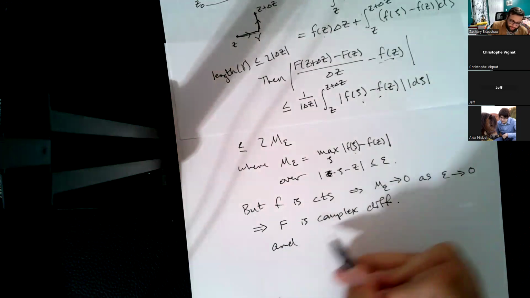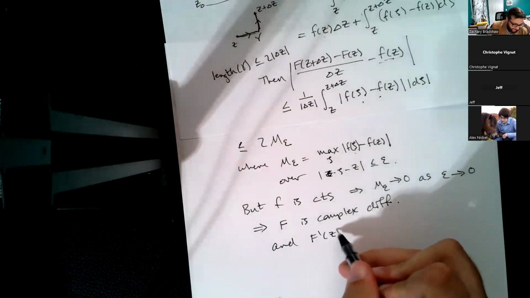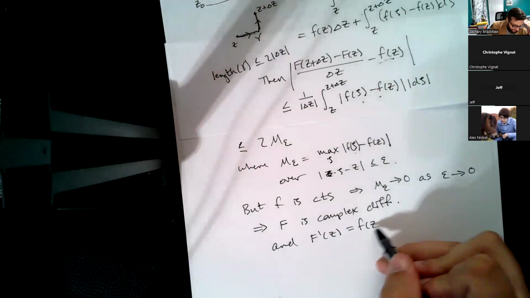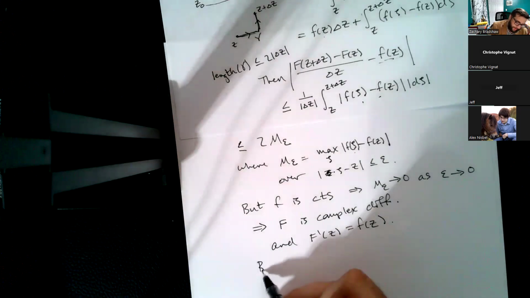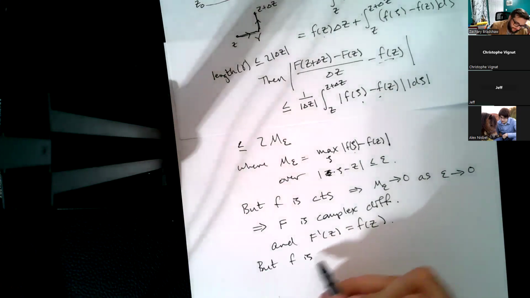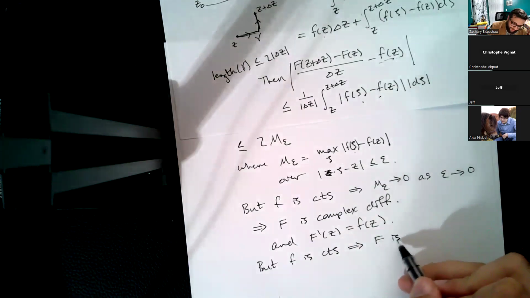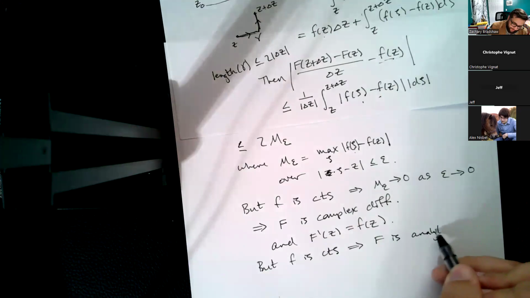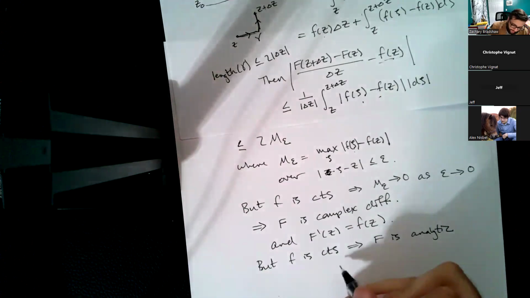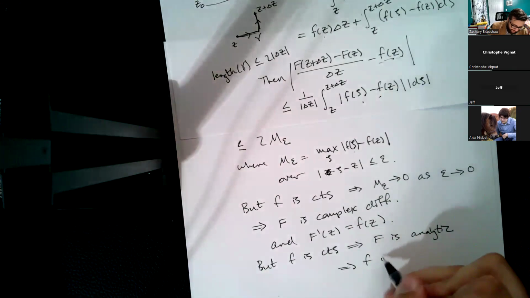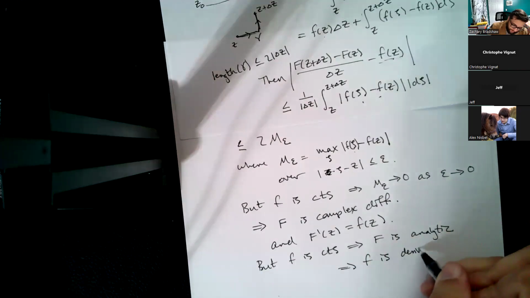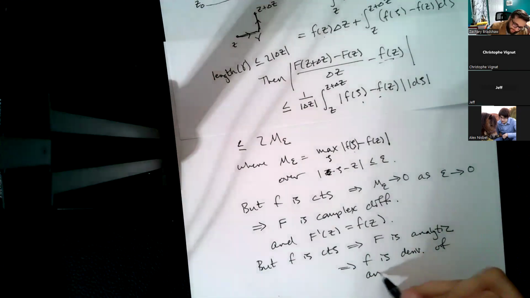It also tells us that its derivative is indeed f of z, but since f is continuous, that tells us that capital F is analytic. And so that tells us that f is the derivative of an analytic function.